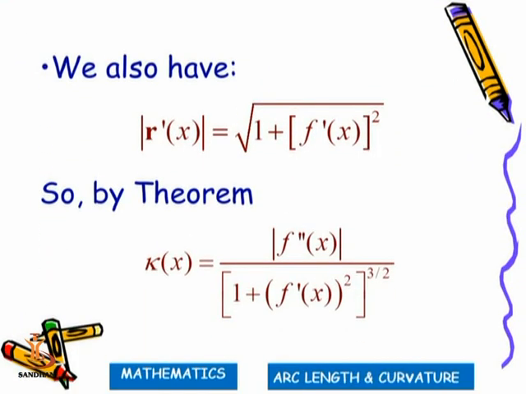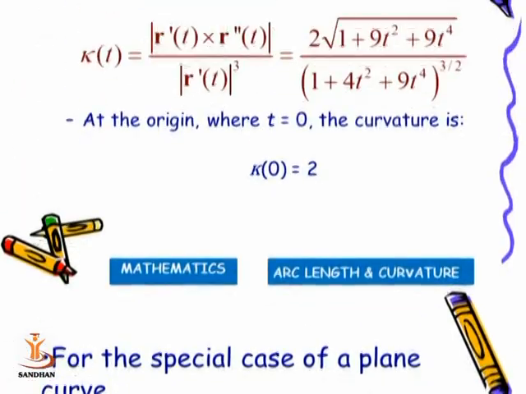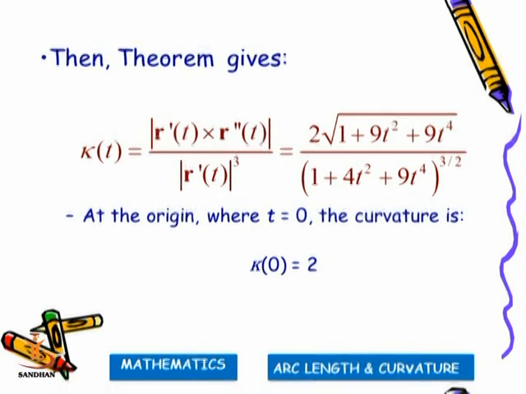So we have |r dash(x)| is the square root of 1 plus f dash(x) whole square. So what is our theorem? k is |r dash cross r double dash| upon |r dash|³. We substitute both values here.